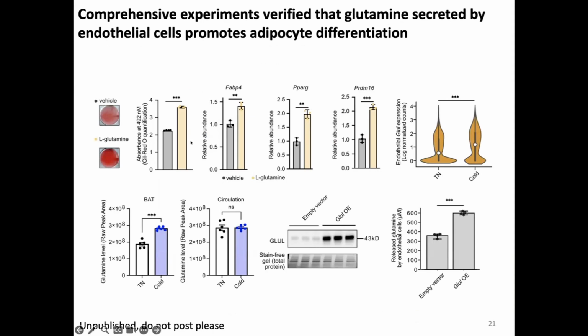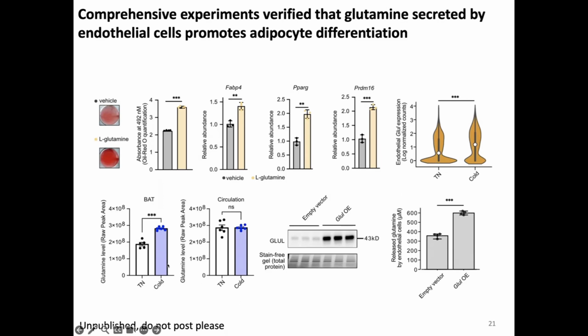The adipocyte marker gene expression level indicates that the differentiation of adipocytes was promoted by the treatment of glutamate. We also found that the enzyme that produces glutamate was upregulated in the cold-treated brown adipocyte tissue from the mouse compared to the control condition.